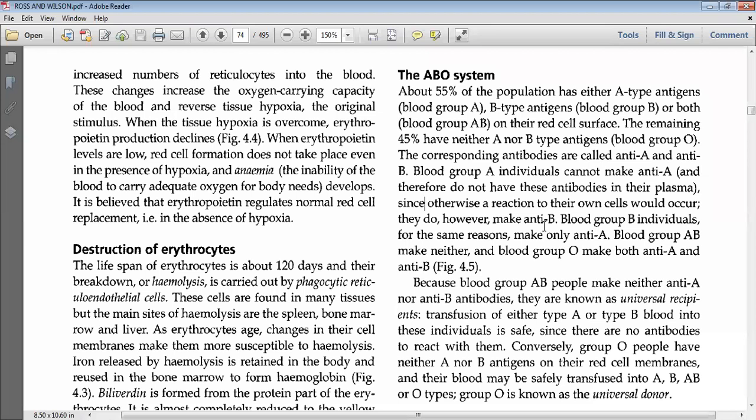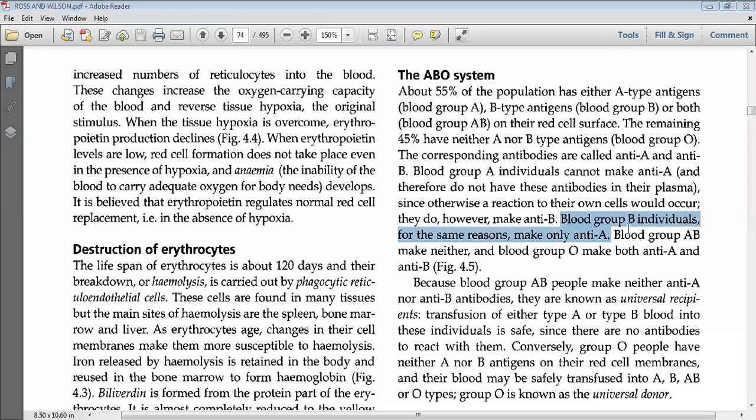So blood group A has antigen A on the RBC surface, while it has antibody B in the plasma. The same is true for blood group B, which has antigen B on the surface of the blood cell, while antibody A is in the plasma.